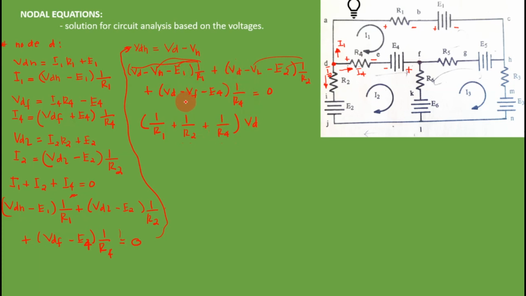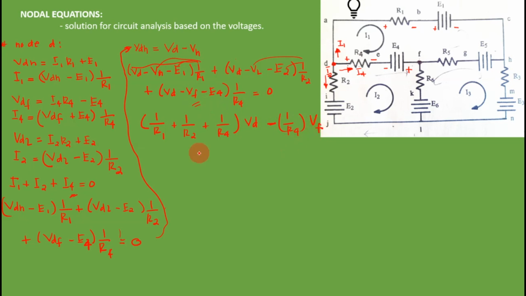So each of these, 1/R1, 1/R2, 1/R4, has a V_D. For 1/R4, you'll notice that you have only V_F, that is subtraction. So that is 1/R4 times V_F.